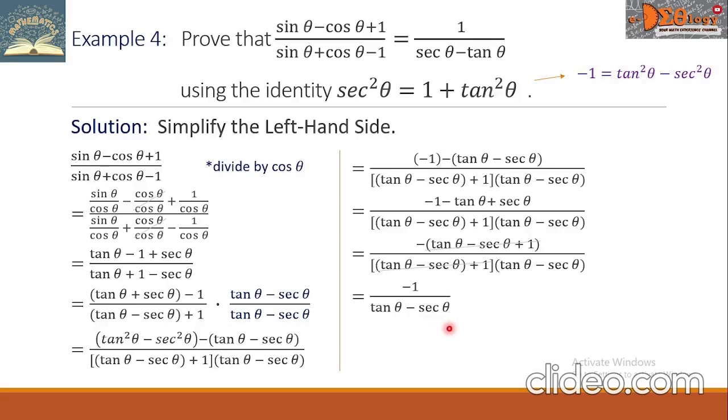Let us now rewrite our denominator as negative 1 times secant theta minus tangent theta. So we can cancel the negative 1 in the numerator and in the denominator. When we simplify, it becomes 1 over secant theta minus tangent theta. From here we stop because it is already equal to the right-hand side value here. This is now the final answer.